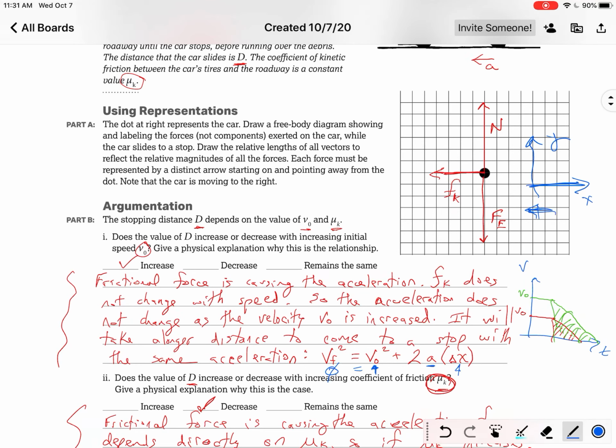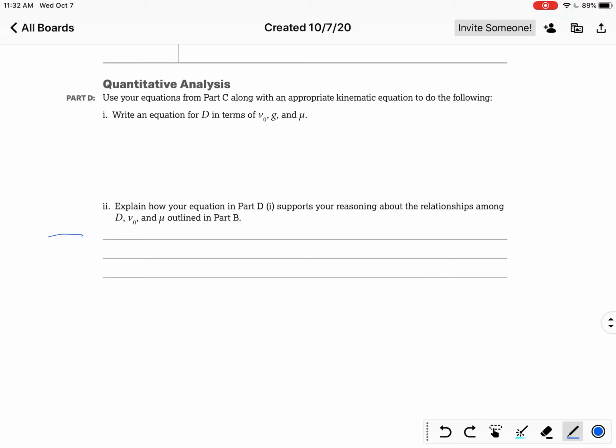Now we get to the quantitative analysis where we want to link what we said back here in part B with a quantitative analysis of this. We're going to look specifically at how D again relates to v0 and mu sub k, but we want to get there quantitatively. So this is a derive, first a derive, and then an explain. So we want to derive first what that relationship is, and then we want to see if it matches our qualitative analysis.